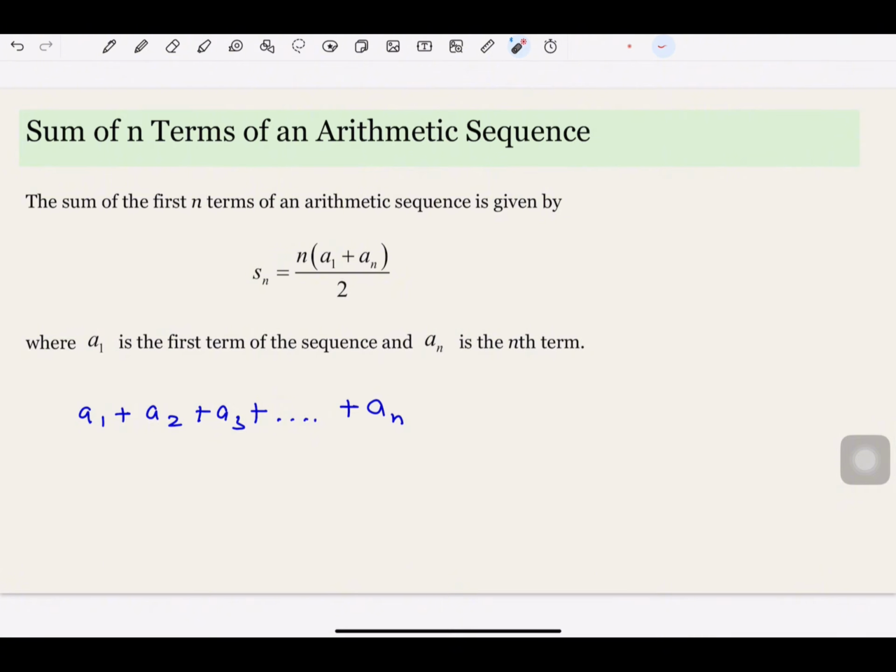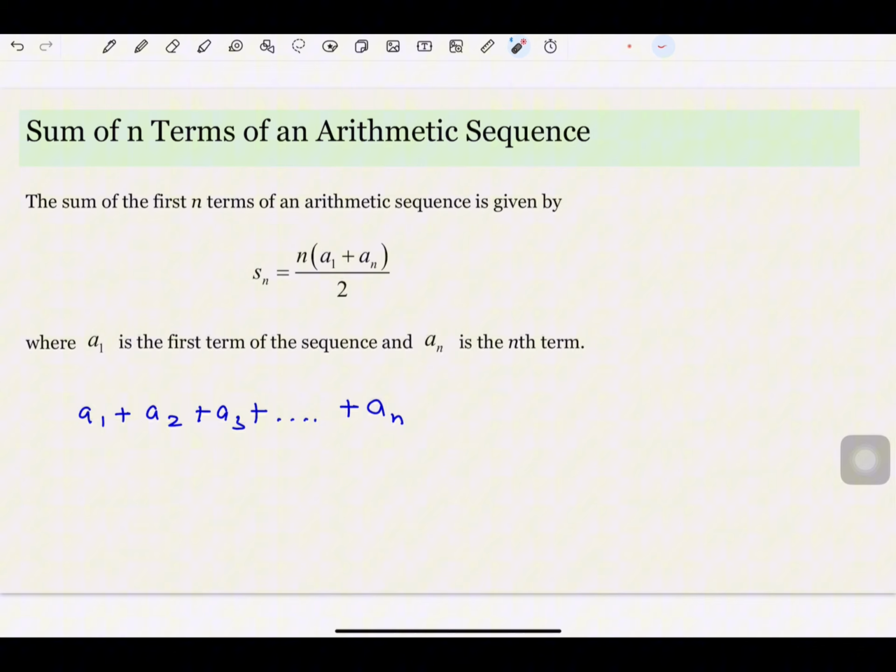So you just add the first and last term, multiply by how many terms there are, and then divide by 2. So in order to calculate the sum of n terms of an arithmetic sequence, what you can do is add the first and the last term.